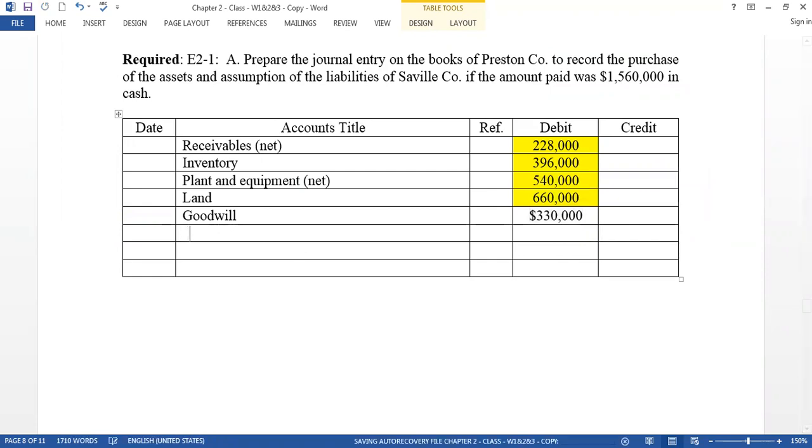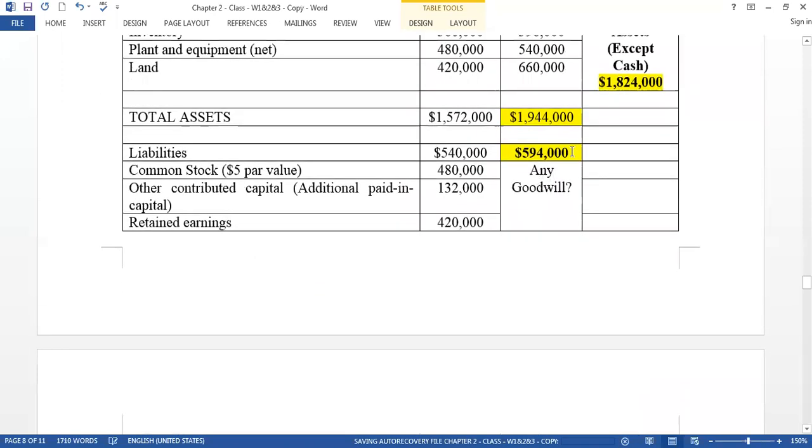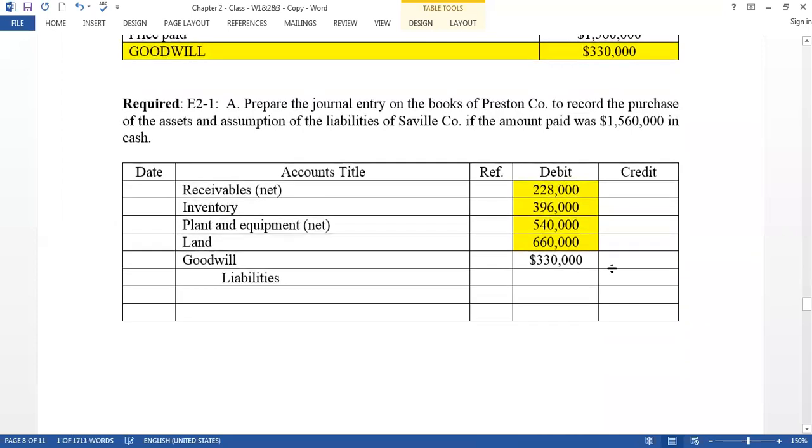Then we buy their liabilities, this amount. And we pay cash.